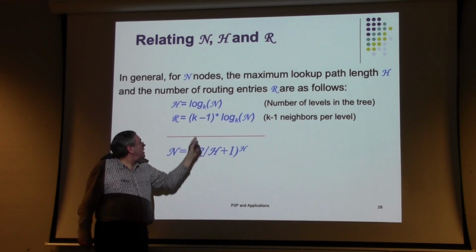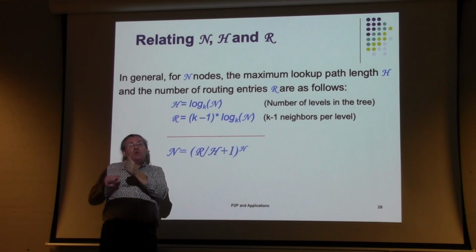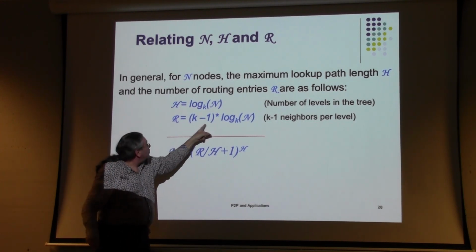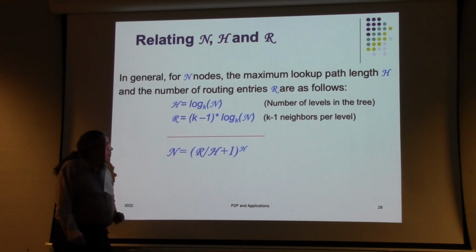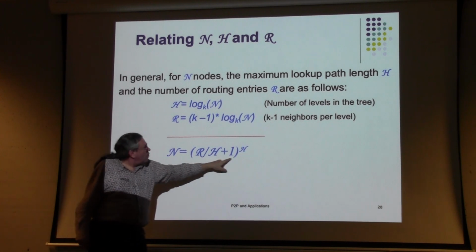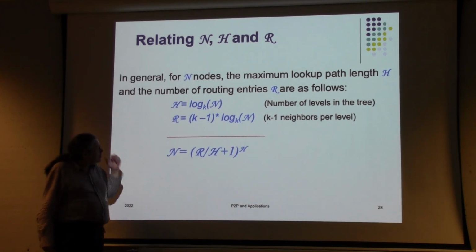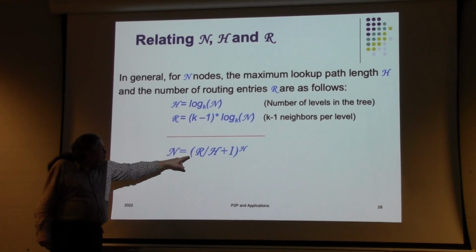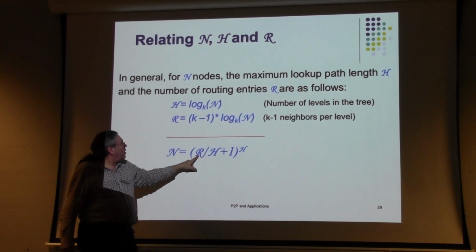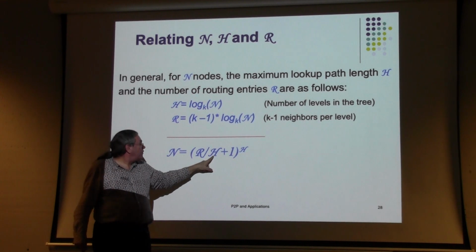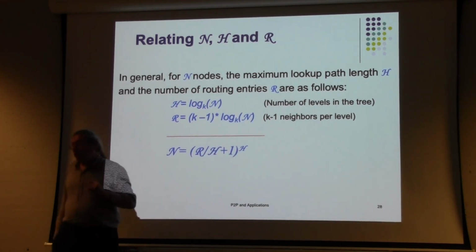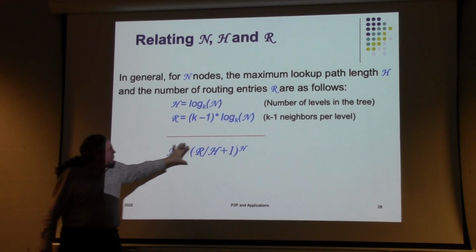But actually, only k minus 1, because one of them is just staying in the same place, so you don't need to waste space for that. So it's (k minus 1) times log base k of n, and if you eliminate k, you can get a relationship between the 3 values. Okay? So this shows you how, if you increase r, how h decreases, or if you increase h, how r is smaller. So this is the relationship.